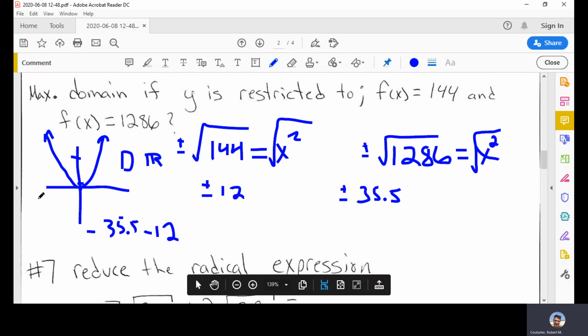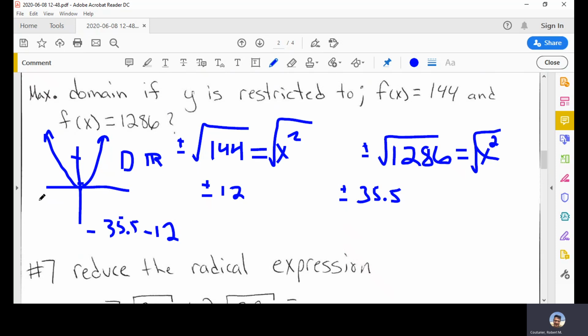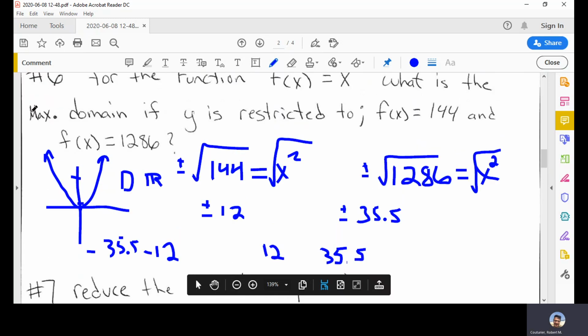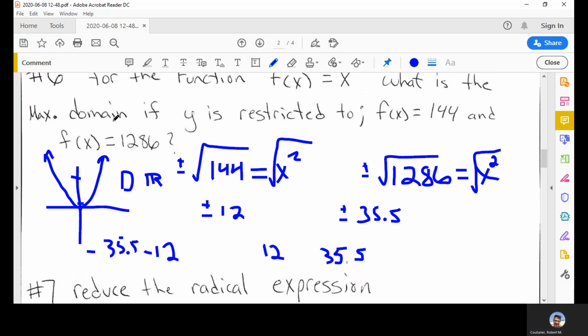That's the only x's that are being used on this side. And on this side, we have from 12 to 35.5. And we have to say, what was the maximum domain?